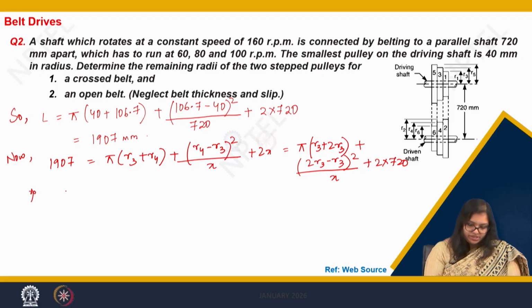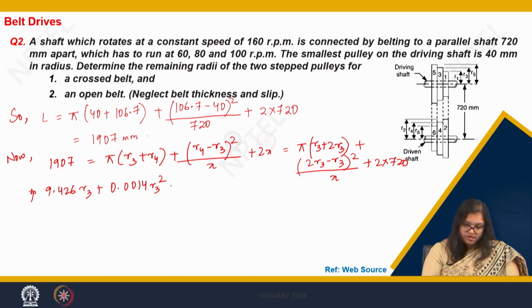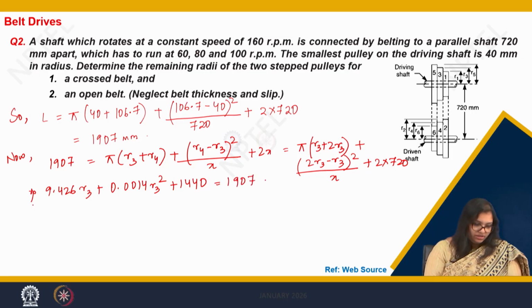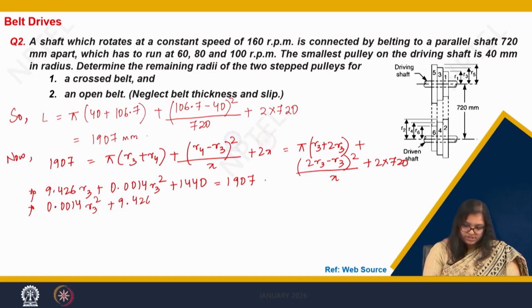So this gives me an equation of 9.426 R3 plus 0.0014 R3 square plus 1440 is equal to 1907. Now, when we solve this equation, 0.0014 R3 square plus 9.426 R3 minus 467 is equal to 0.